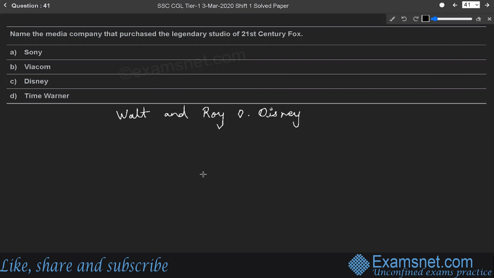And this happened in the year 1923. Disney purchased the legendary studio of 21st Century Fox in March 2019 for $71.3 billion.